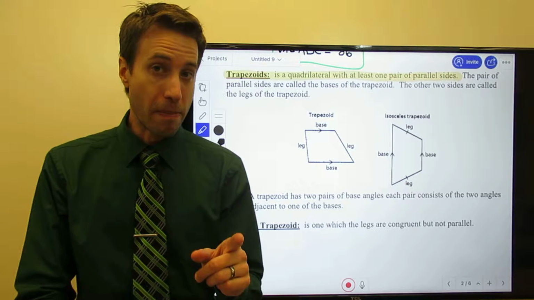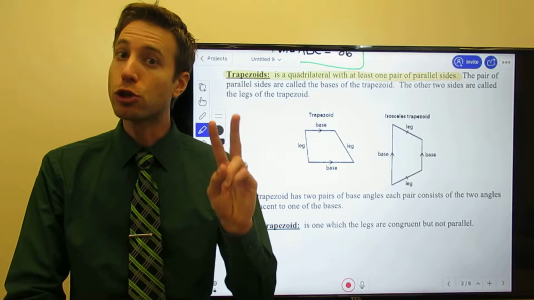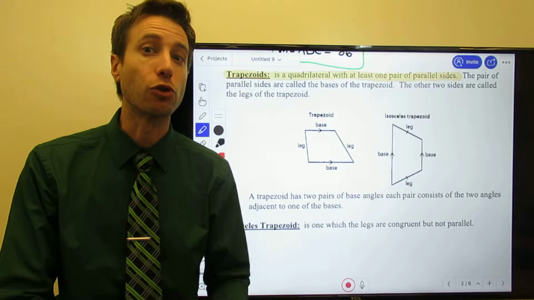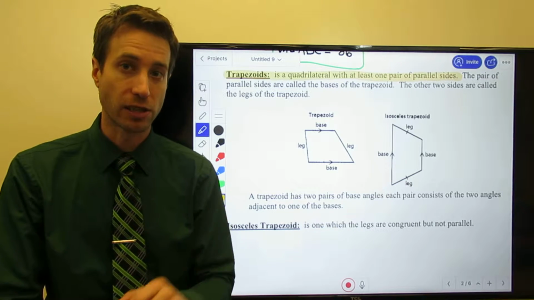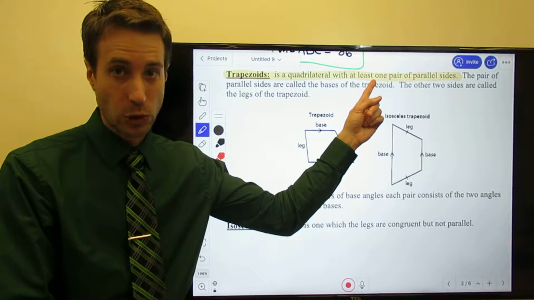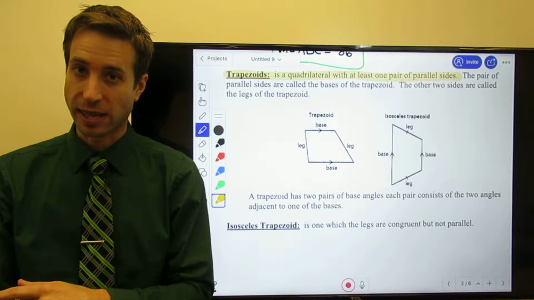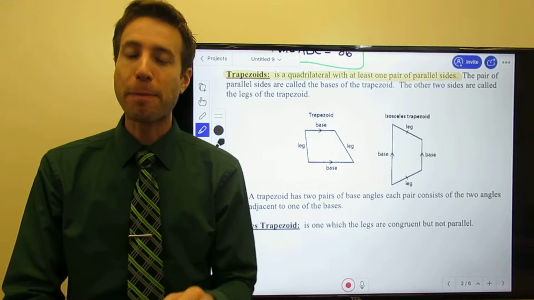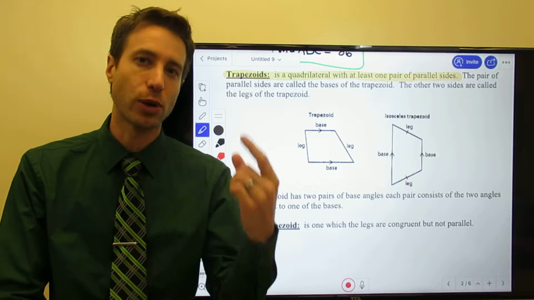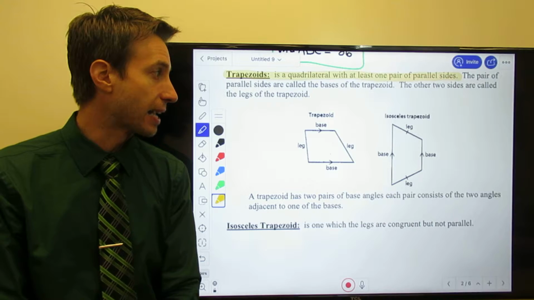No. Remember, a parallelogram must have two pairs of opposite congruent sides, and for a trapezoid, we only need one. So yes, a trapezoid is a quadrilateral just like a kite, but it is not a true parallelogram, because in this case we only need one pair of parallel sides.